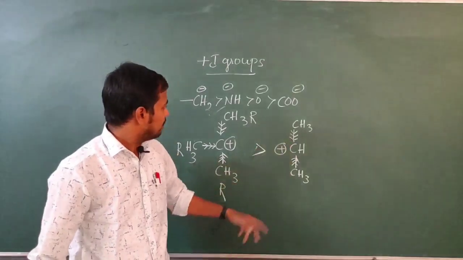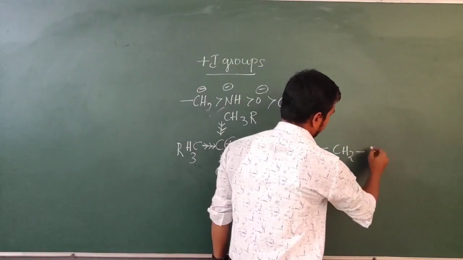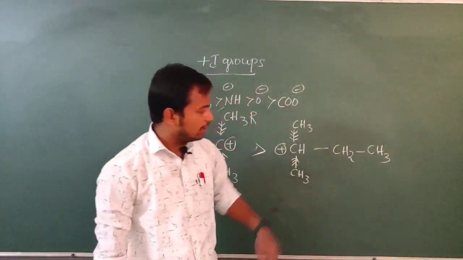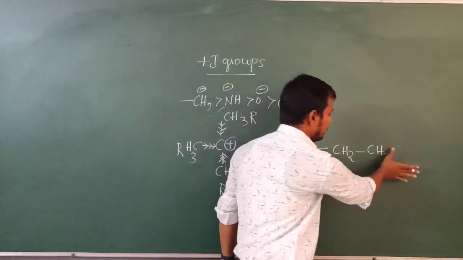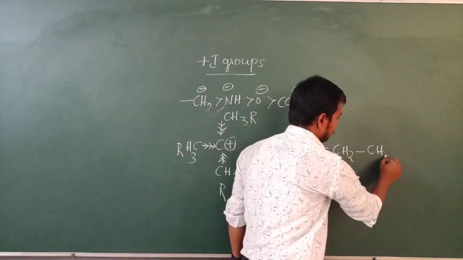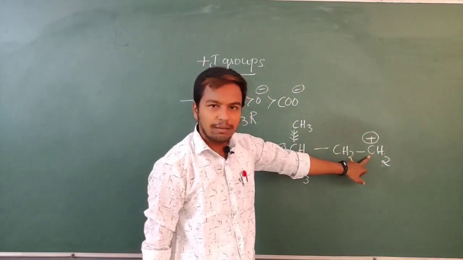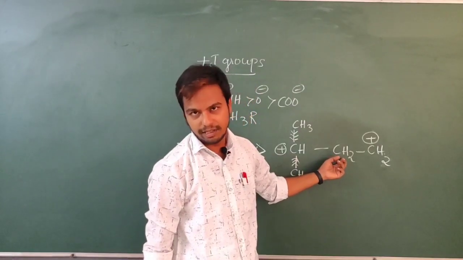Am I clear? Move on to the primary carbocation, that is CH2 bonded to CH3. So this might be the primary. In order to stabilize this carbocation, only one CH2 group is there, that is the methylene group.